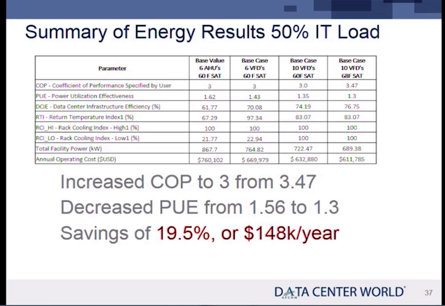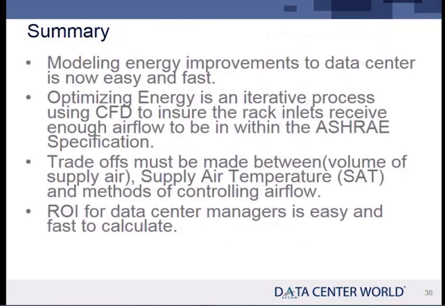In fact, the LBL articles that were written quite some time ago talked about 20 to 30%. Airflow management is the low-hanging fruit. It's the easiest place to save money. Much easier than buying another air handler, much less cost, and can work very well. So, airflow management. And that's about it.